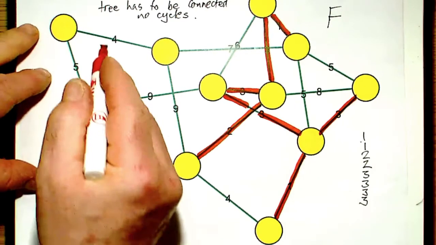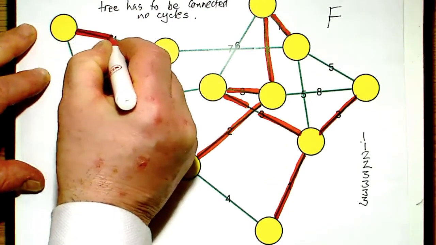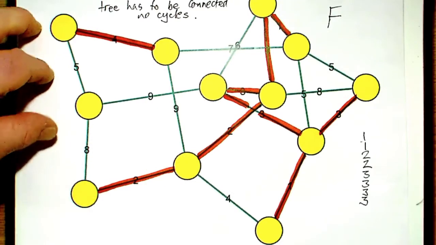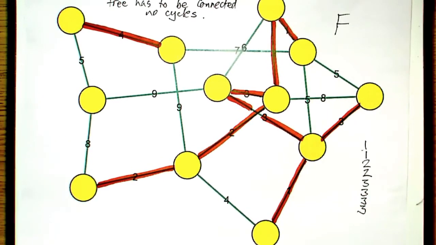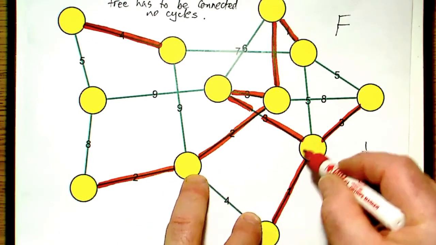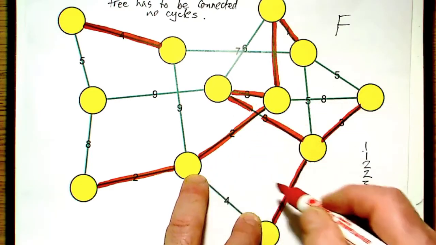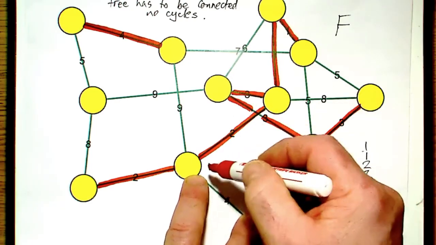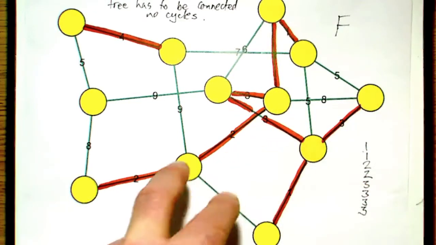So we go on to the 4s. There's one here that's not going to be problematic because it's isolated. Other 4s? Well, there's one here. I can't put this one in. If I put this one in, it gives me a cycle. 1, 2, 3, 4, 5. It's a 5 cycle. I'm not very good at counting cycles, but anyway, it's a cycle.